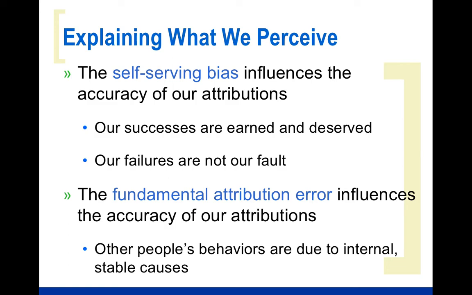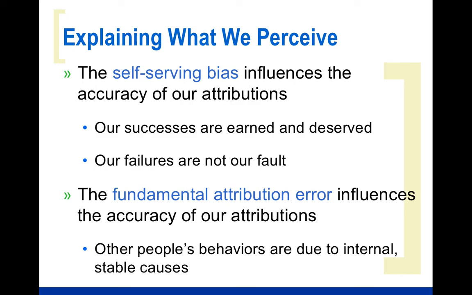But we often blame our failures on external forces. Oh, the weather wasn't good that day, or my family was going through a rough time, so that's the reason why. So the good things we accomplish, we view as something we've earned, whereas when negative things happen, we sometimes blame them on external factors.